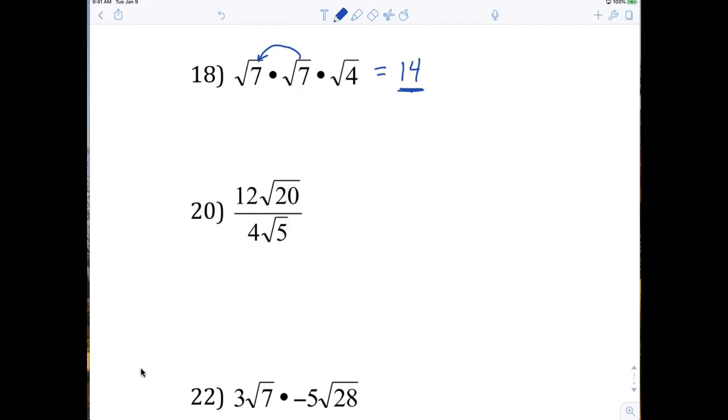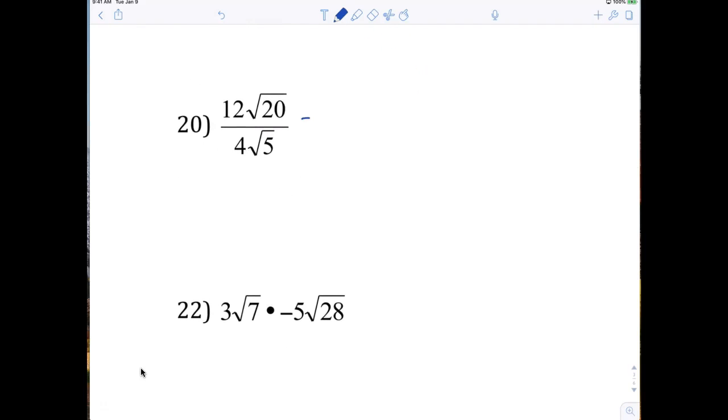All right, so what am I doing on 20? Reducing the fraction. Very good. So what's 12 divided by 4? What's square root of 20 divided by square root of 5? Square root of 4. Everybody agree? So that final answer now is 6.